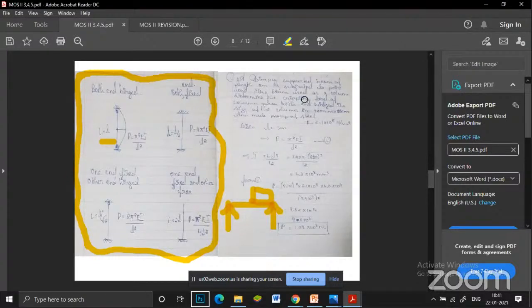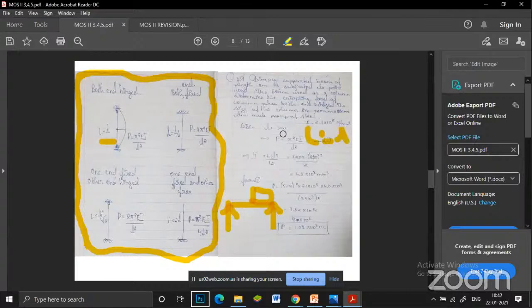The next thing is the crippling load. You know the formula: load is equal to pi square EI divided by l square. In case both ends are hinged, it is divided by l square, and the effective length is equal to the normal length, l square.